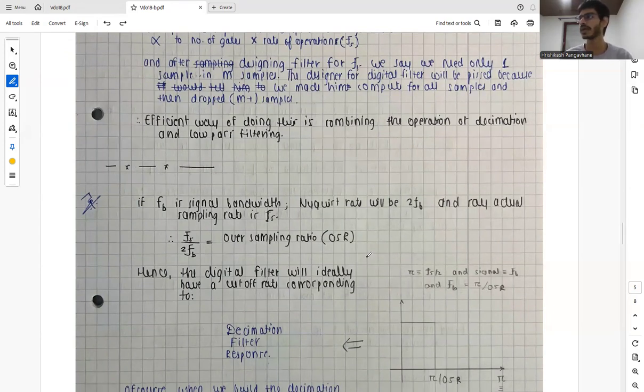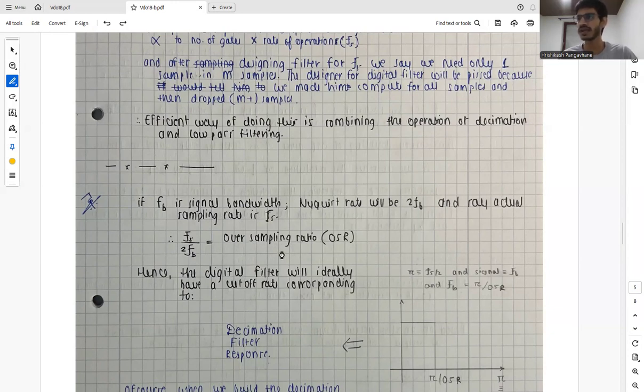So let's say the actual sampling frequency is Fs. Fs divided by the Nyquist rate, which is basically 2FB, is called the oversampling ratio or OSR.